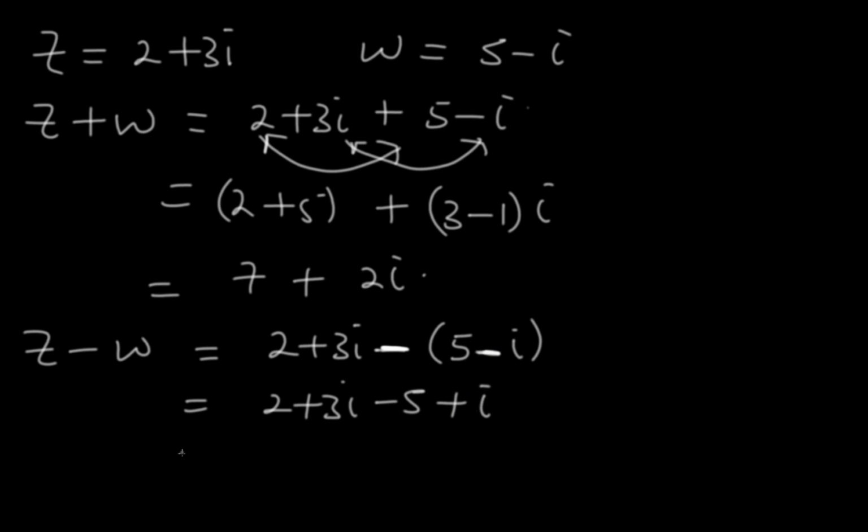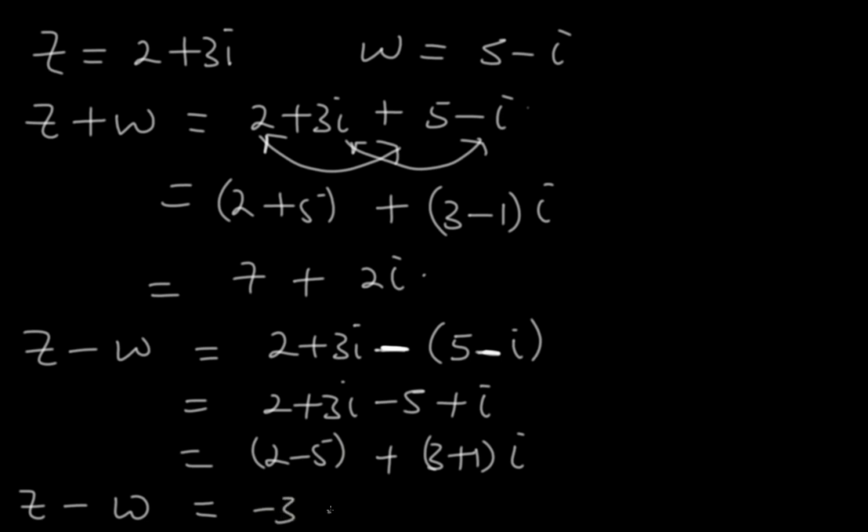Okay, so this is 2 minus 5, that is the real part of z minus w, then plus 3 plus 1, and that is the imaginary part of z minus w. Therefore, z minus w is equal to 2 minus 5, that is minus 3, and 3 plus 1, that is 4i.